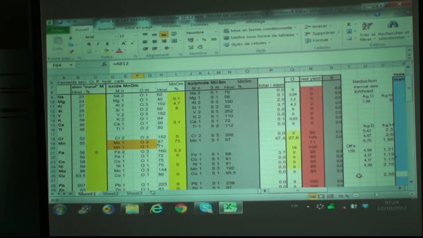Actually 1 kilowatt hour is 1 kilowatt per hour, and 1 hour is 3,600 seconds.